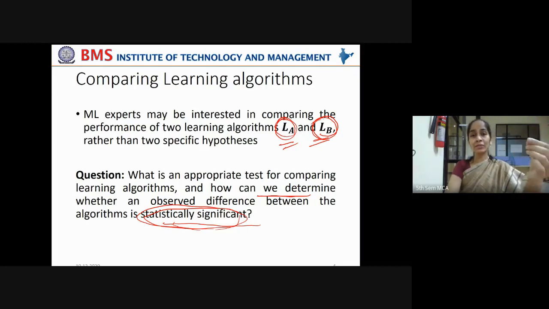One algorithm is very much suitable to the given data set than the other algorithm. It has some proof. It is not happening by chance. It is happening with some statistical significance. Now how to compare them, how to measure them, how to determine that this observed difference between the learning algorithms is statistically significant, that we are going to see today.